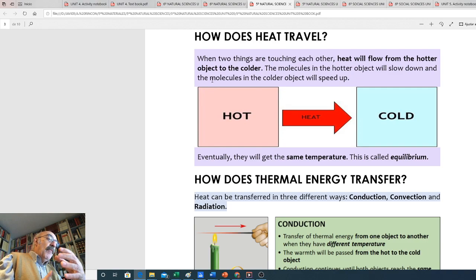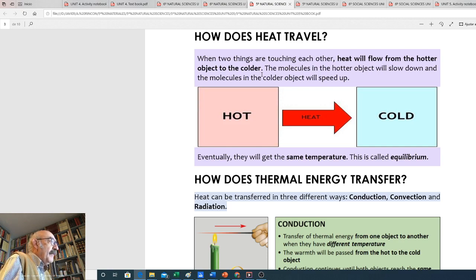So the faster these molecules move, the faster this kinetic energy is transmitted to the other object. This is the important concept. We're going to see it in some experiments later. And the molecules in the hotter object will slow down, and the molecules in the colder object will speed up.